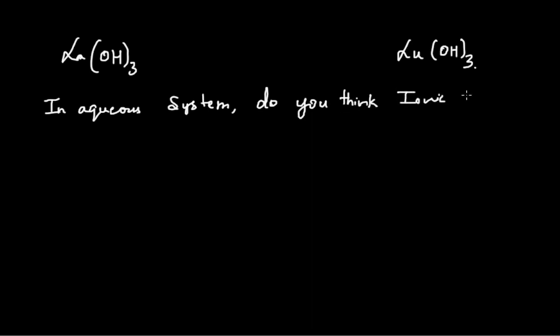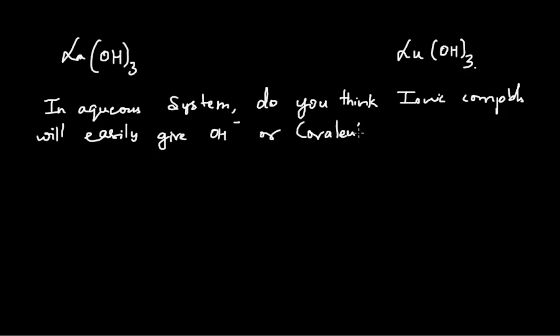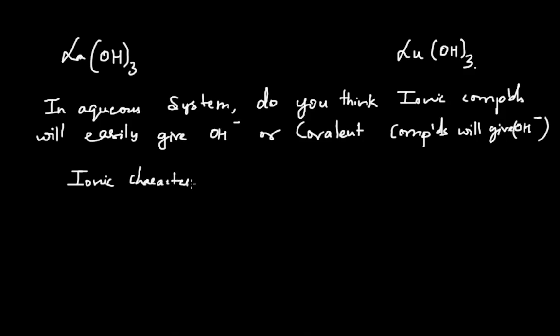Do you think ionic compounds will easily give OH minus, or covalent compounds will give OH minus? So which of these two compounds will give OH minus? Obviously, ionic character, better the base. Ionic character, easier the dissociation.